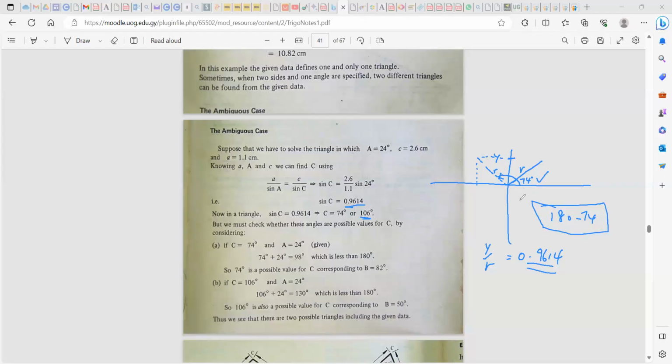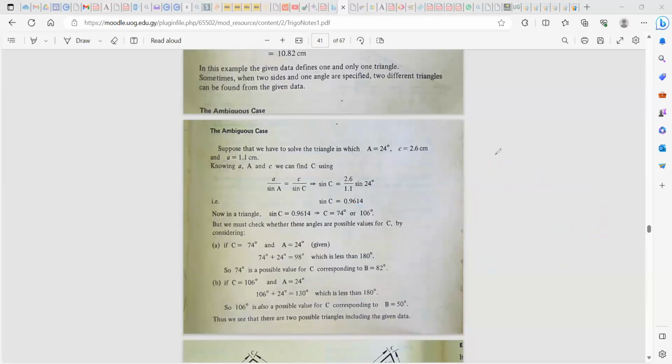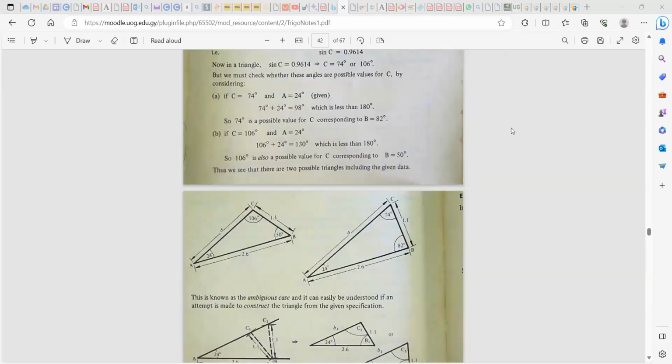We're not going to go through that. So now you have two values for C. You have C being 74 and C being 106. So we can't discount the 106 yet, right? We still have to see whether it can fit in a triangle, with the other details.